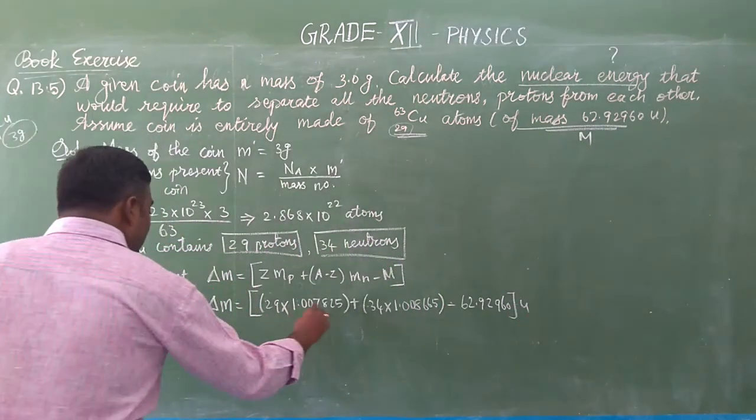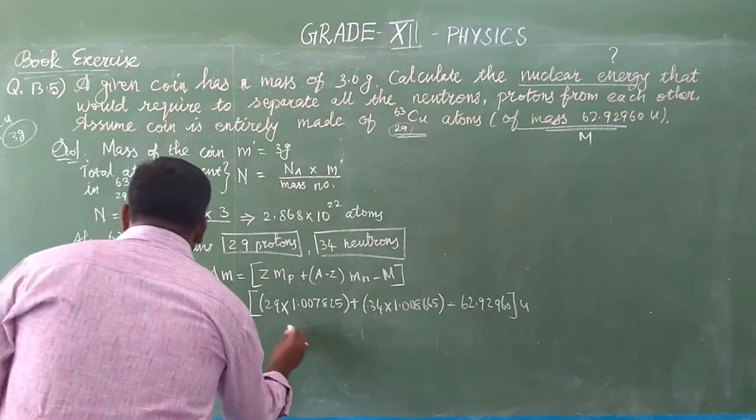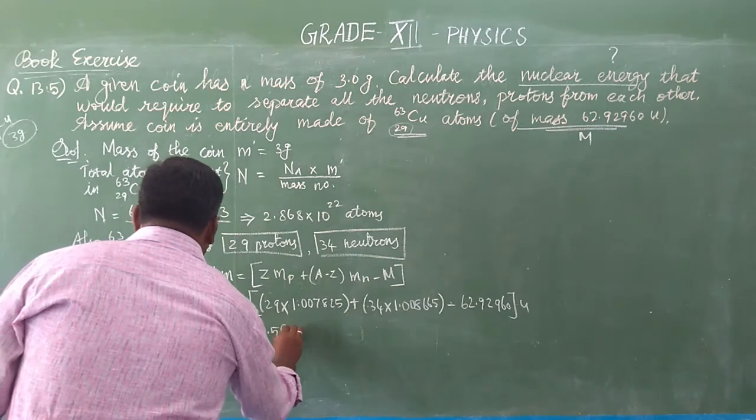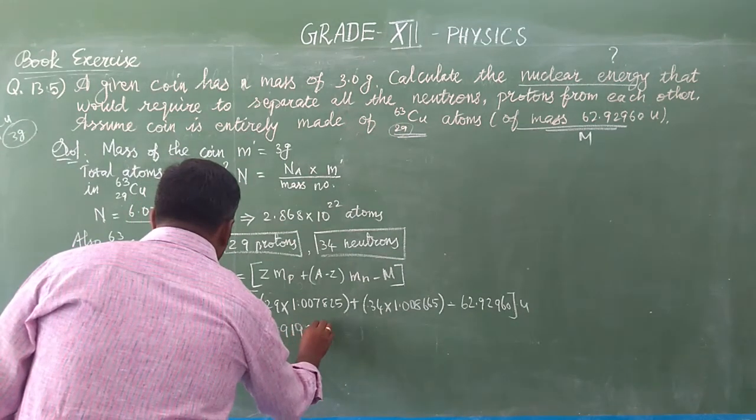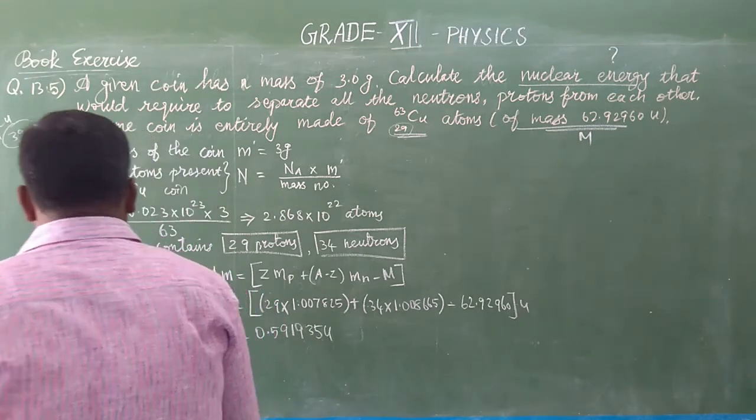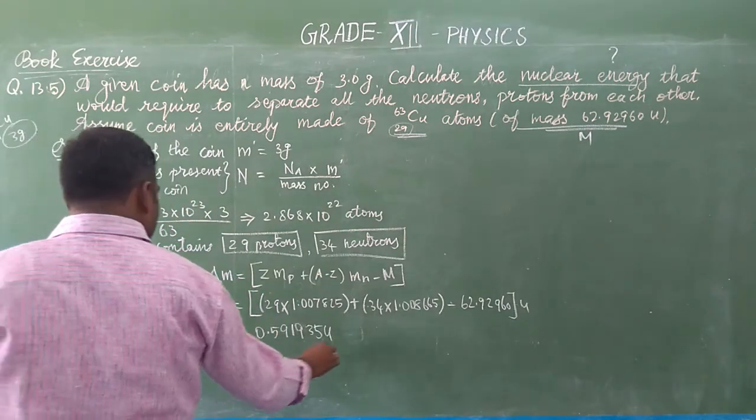So after the simplification, the mass defect is 0.591935 unit. Okay, so this is the mass defect.